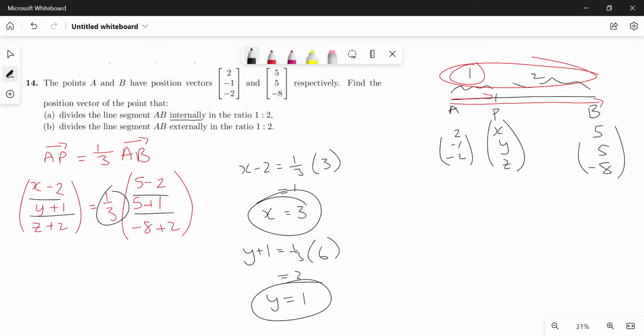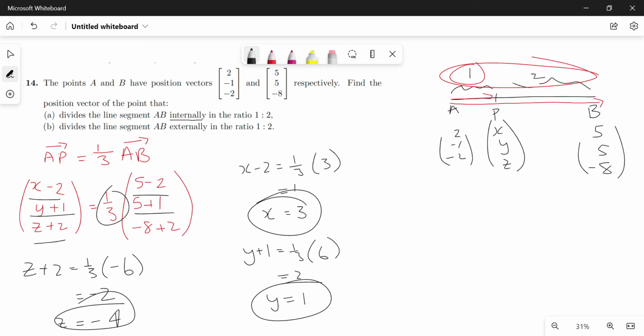Did I get that right? Hopefully. I feel like I may have got that wrong somewhere, but you can check. So Z plus 2 now. Z plus 2 is a third of minus 8 plus 2, which is minus 6, so this is a minus 2. And if I subtract another 2, I get minus 4.